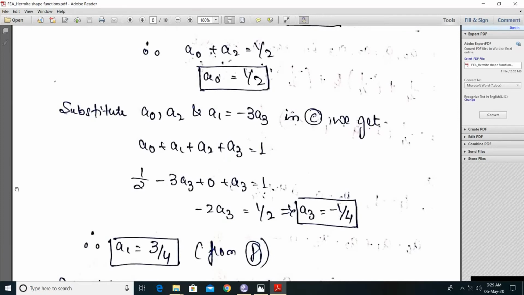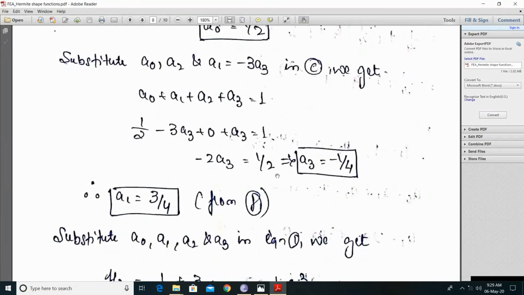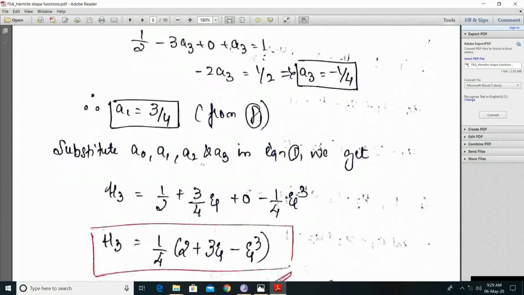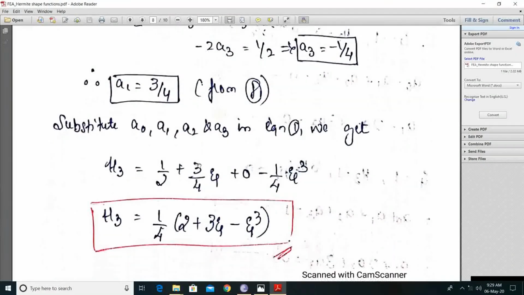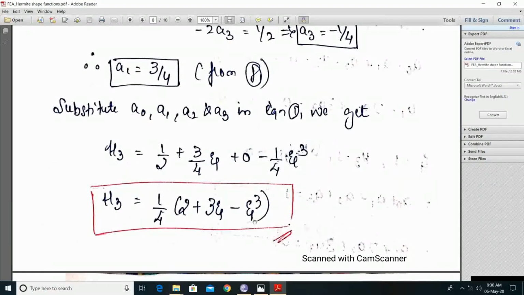Again when you substitute back a3 here, you will get a1 as 3 by 4. Substituting all the values of generalized coordinates back in equation h3, you will get h3 as 1 by 4 times 2 plus 3 xi minus xi cube.